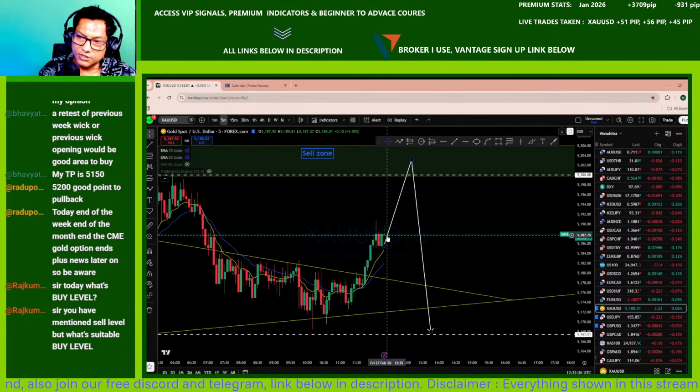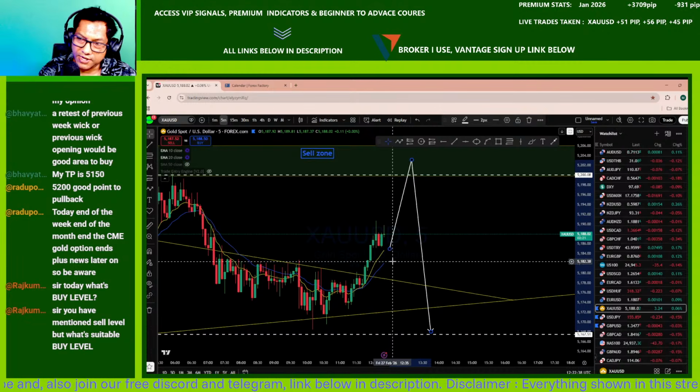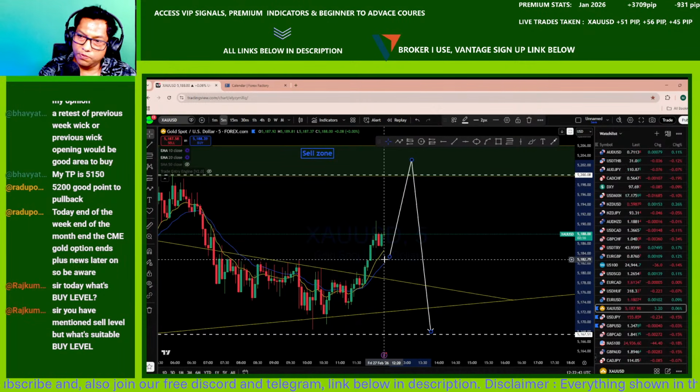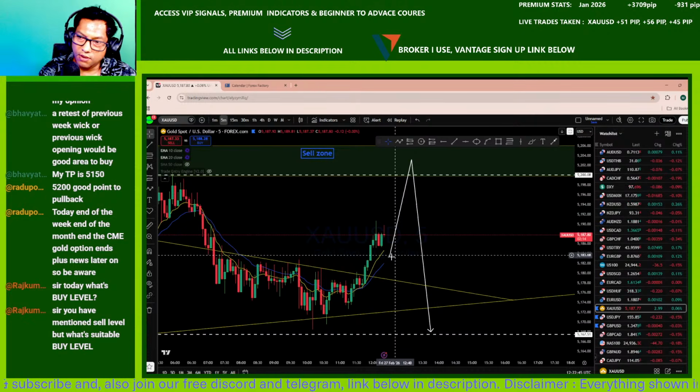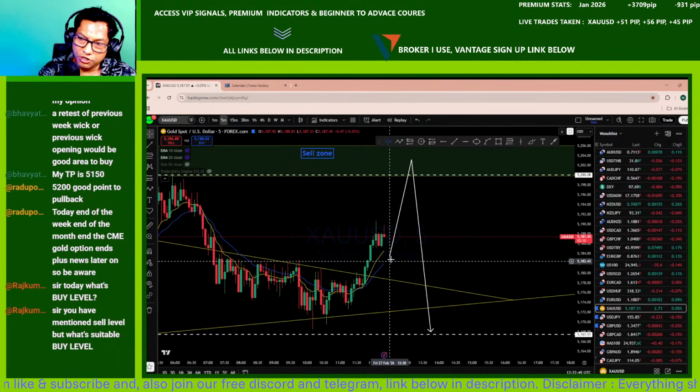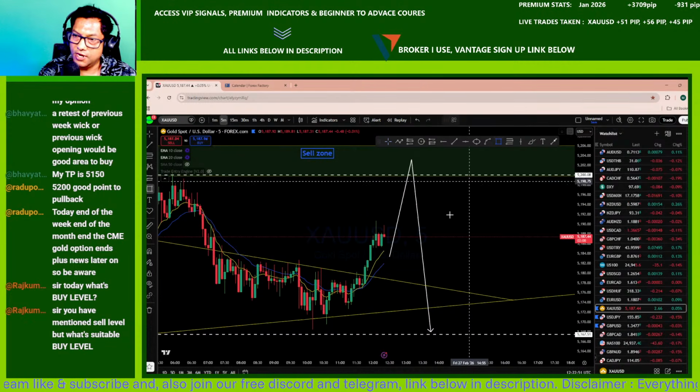So you can see it's trying to break below here and expecting to extend further lower. And if the market goes back below, this is where you will be able to see the market come down for a deeper liquidity sweep in that area.